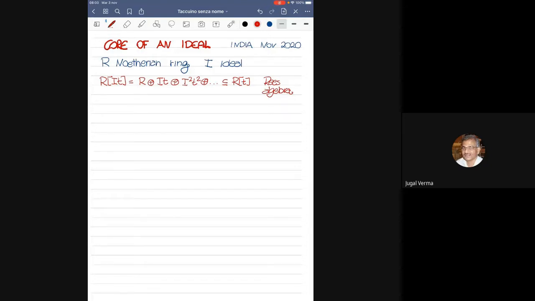So the first difficult problem that one faces is the problem of computing the defining equations of the Rees ring. What do I mean by the defining equations? This is the first problem one encounters. It means really to write the Rees ring as a quotient of a polynomial ring over R and write explicitly its defining ideal.